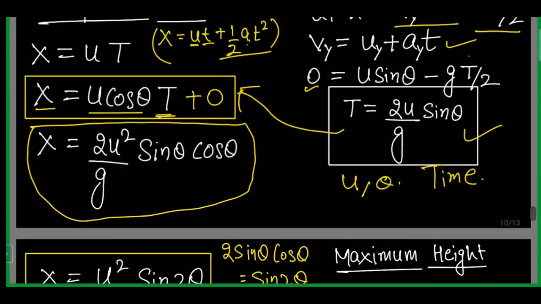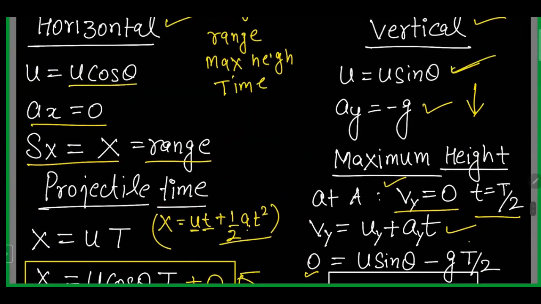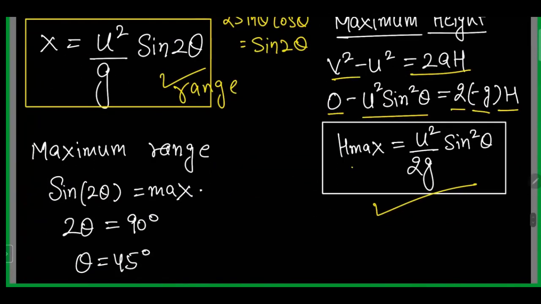So in this y-axis equation, you clearly know final velocity is 0, initial velocity is u sin theta. So v square minus u square, so 0 minus u square sin square theta, equals 2 times acceleration, which is minus g, times maximum height H. So from here I got H equals u square by 2g sin square theta.